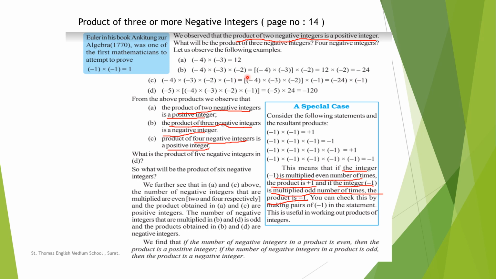If it is odd, the answer will be negative. Clear? So you can underline this sentence: if the number of negative integers in a product is even, then the product is positive. And if the number of negative integers in a product is odd, then the product is a negative integer. It's clear?